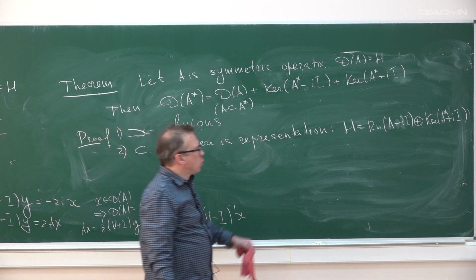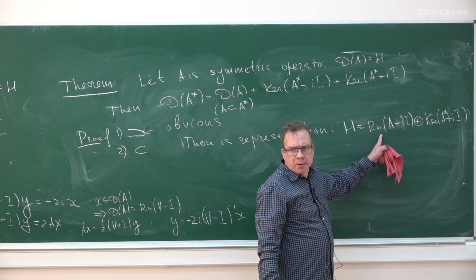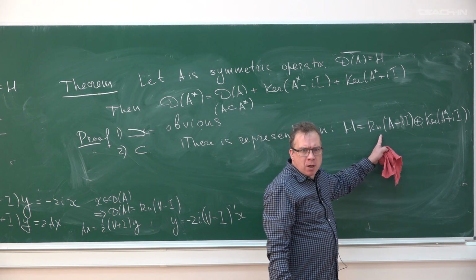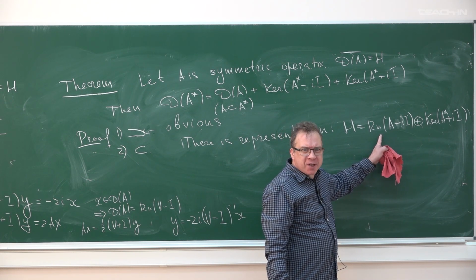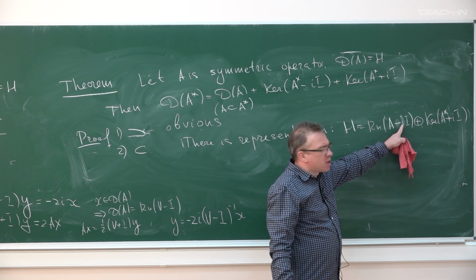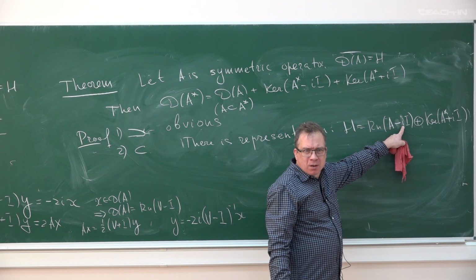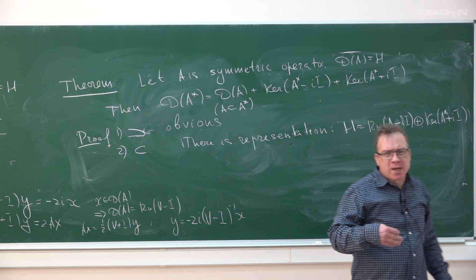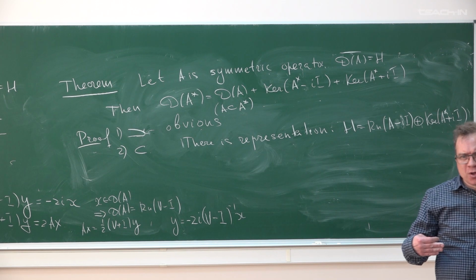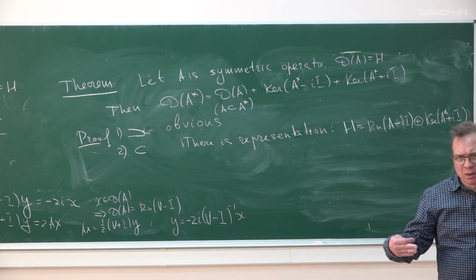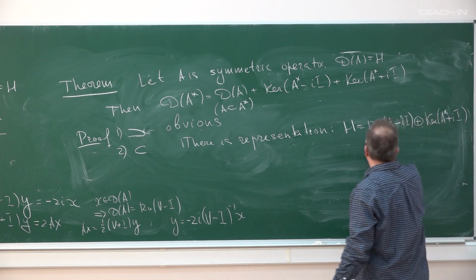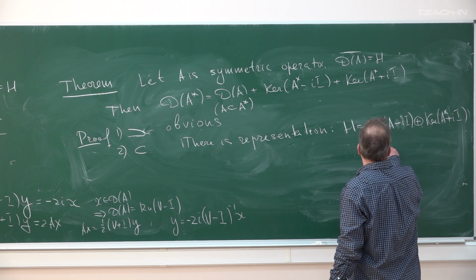In general, we must take the closure of the range of the operator. But your operator is symmetric, and this number is not real. It is pure, for any complex number with a non-zero imaginary part. We have such an estimation.